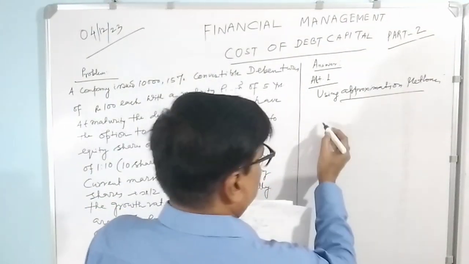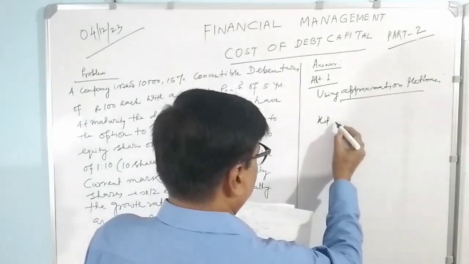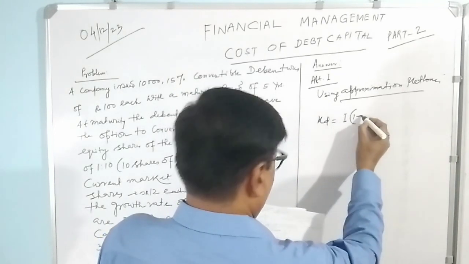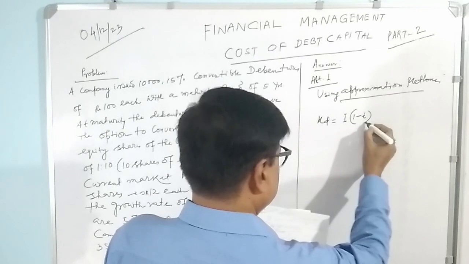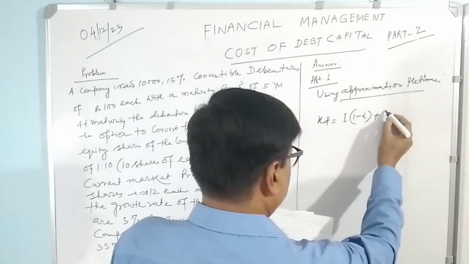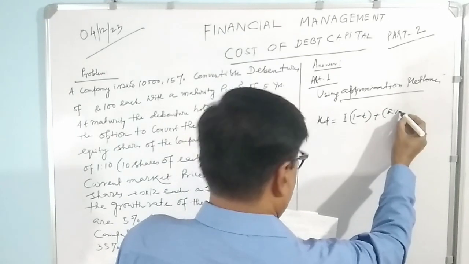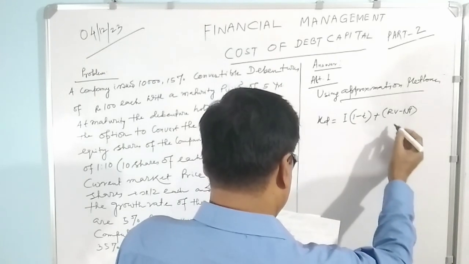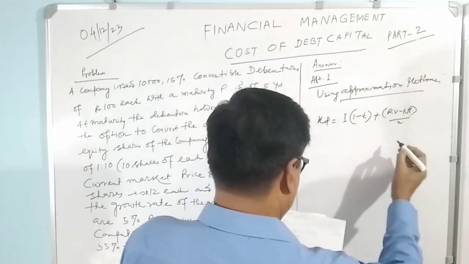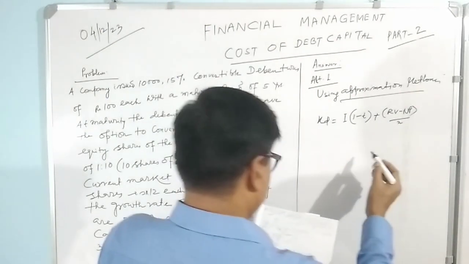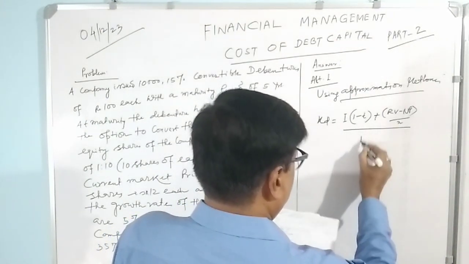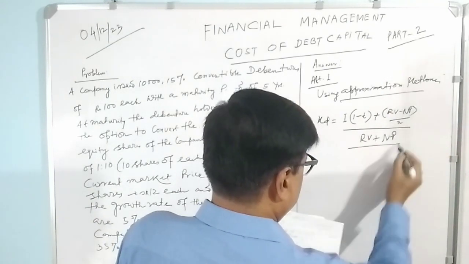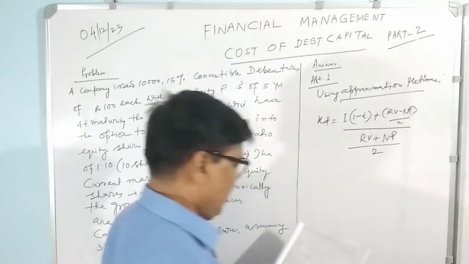So here you have to calculate Kd, the cost of debt, equals I, the interest, times (1 minus T), where T is the tax rate, plus (RV minus NP) divided by N, where N is the number of years, all divided by (RV plus NP) divided by 2. It will be the average that we have to take.